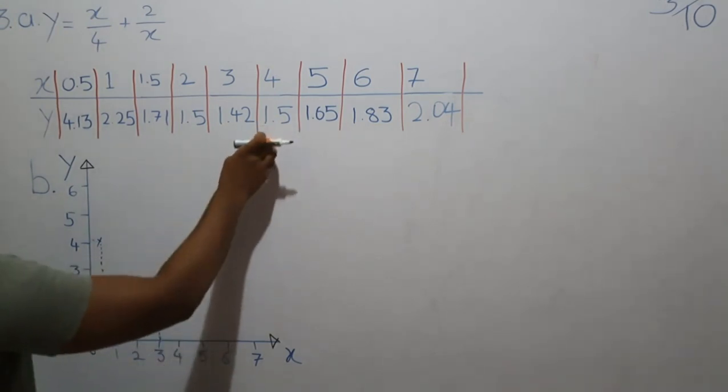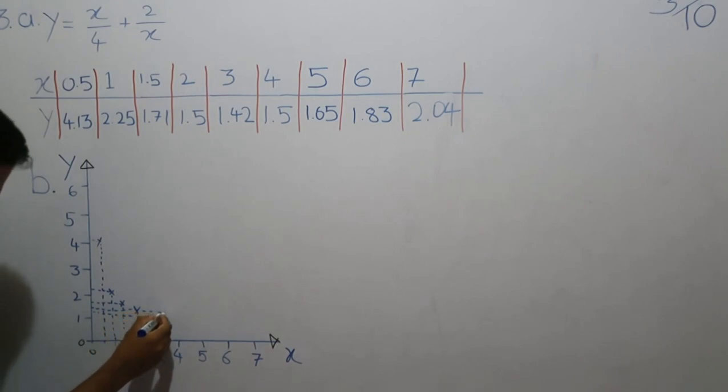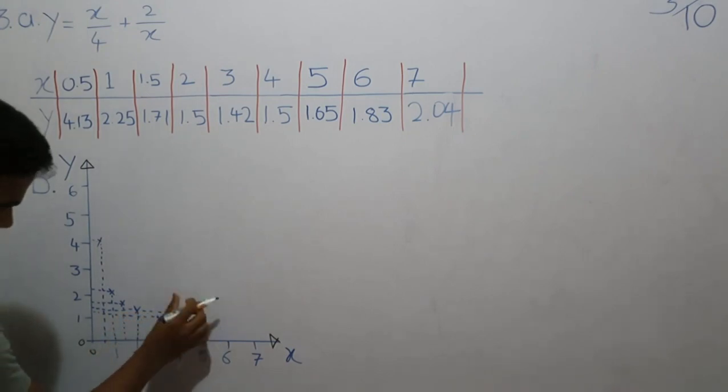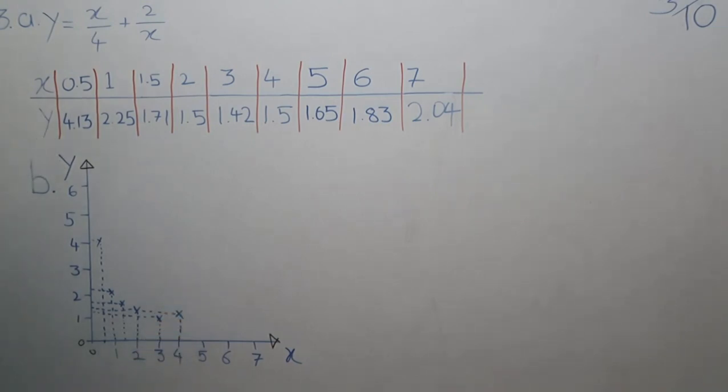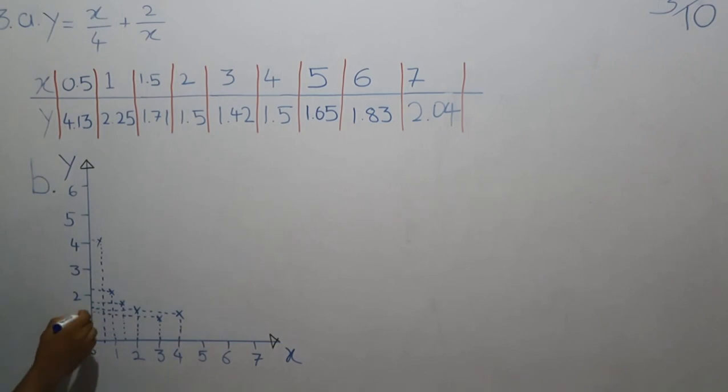And for 4 is again 1.5. And for 5 is 1.65, somewhere here.